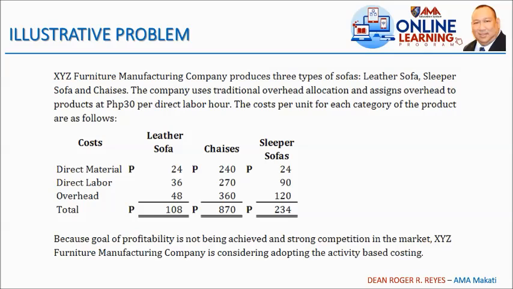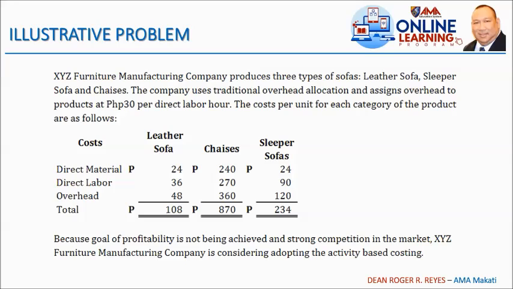So for leather sofa, it has been computed traditional allocation 24 pesos ang direct material, 36 ang labor, overhead 48 for 108 traditional cost. Chases naman 240 ang direct material, direct labor is 270 and overhead 360.